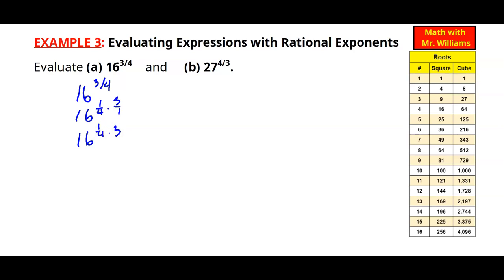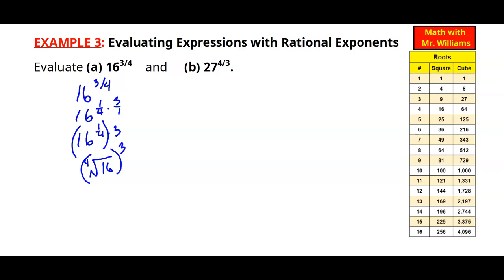Okay, so we just broke that fraction apart, and what that means now is that we're going to take this part of it using our power of power property. So now we're looking for the fourth root of 16, and we're going to cube that.